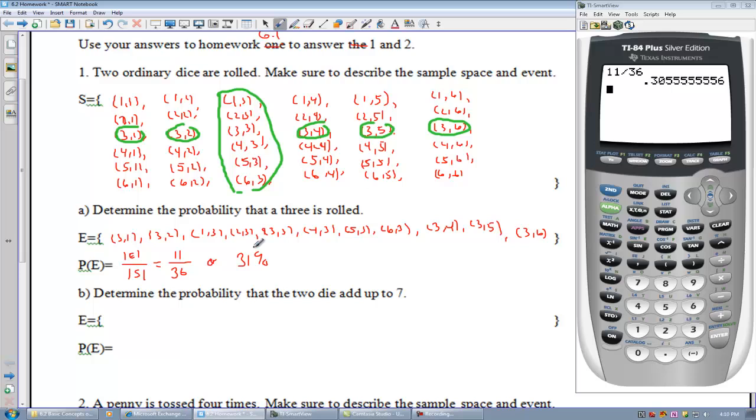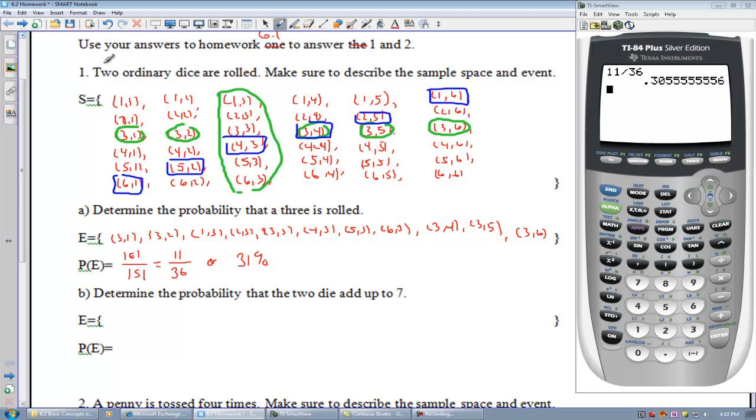Okay, the next one, determine the probability that 2 dice add up to 7. Okay, so let's choose a different color here. Let's choose blue. And you go through these and you add the dice, and you'll see that the first case of a 7 is 6 and 1. And then over here, it's only 5 and 2. You'll see here 4 and 3. You'll have 3 and 4. You'll have 2 and 5. And you'll have 1 and 6.